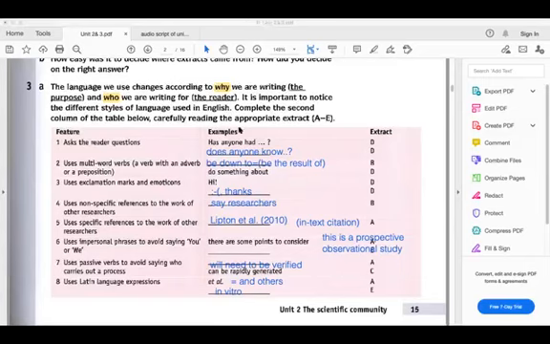So as we see from this part, here we have the different styles of language, right? And these are the examples.